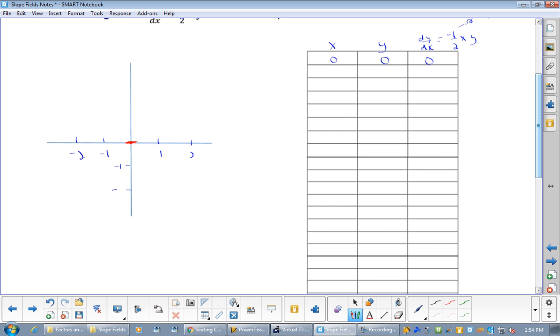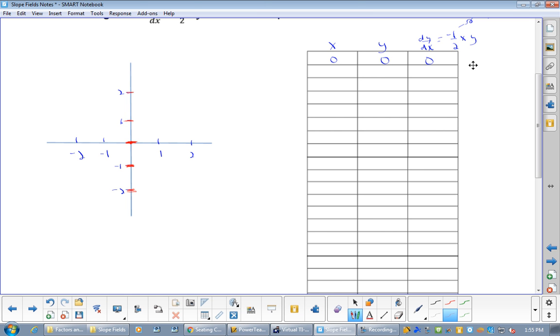Okay, now do you notice that anytime x is 0, the slope would be 0? Anytime if you took this and put it in here, it doesn't matter what y is. So if x is 0, we will get slopes of 0 all the way up and all the way down.